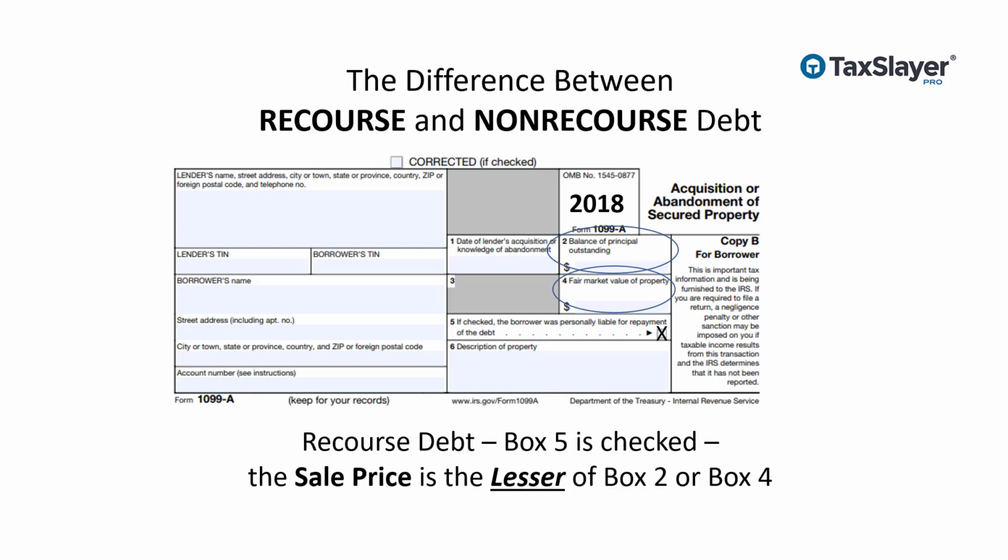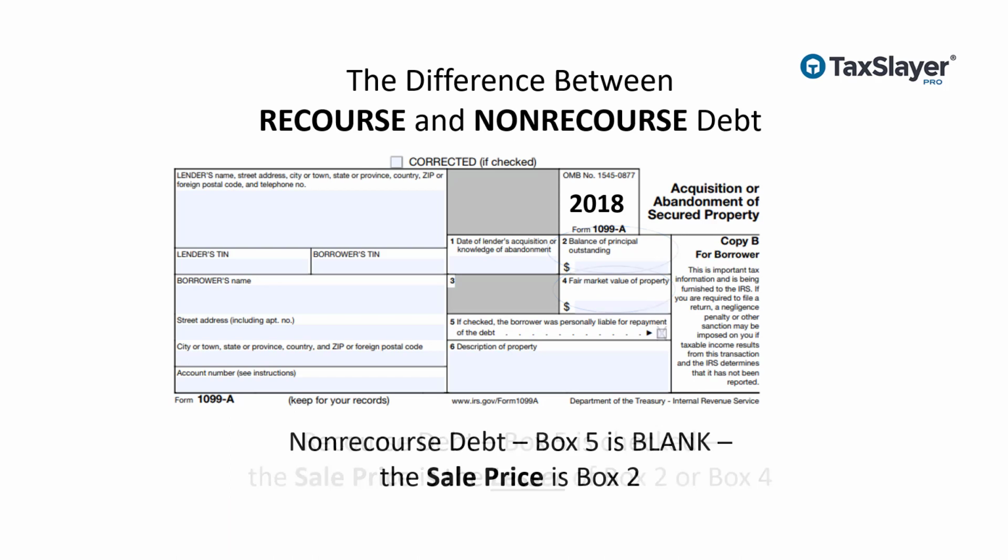The sale price is the lesser of the balance of the principal outstanding or the fair market value of the property. In non-recourse debt, box 5 is blank, so the sale price is box 2, the balance of principal outstanding.